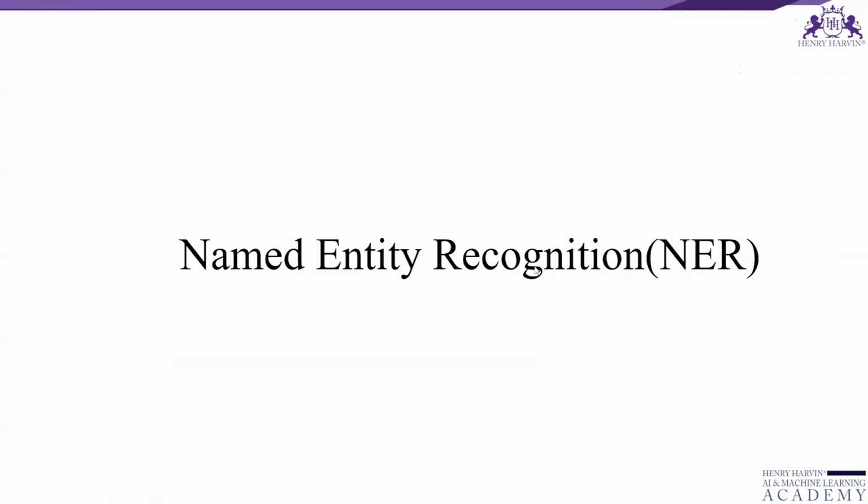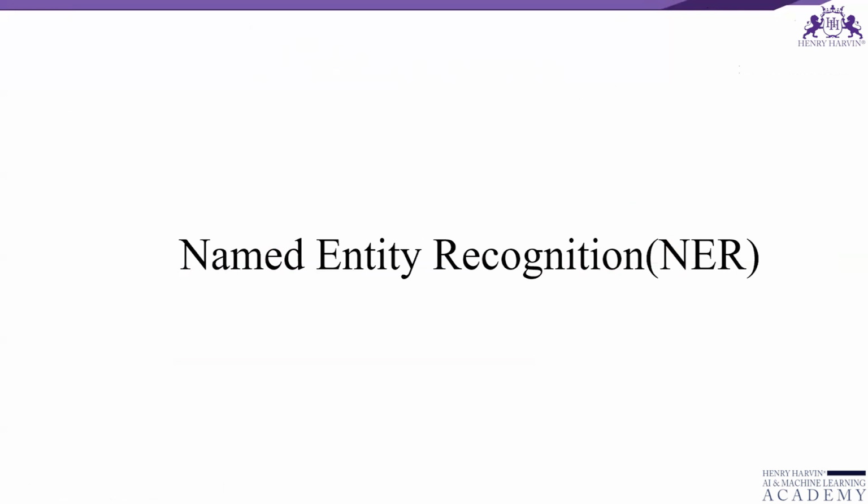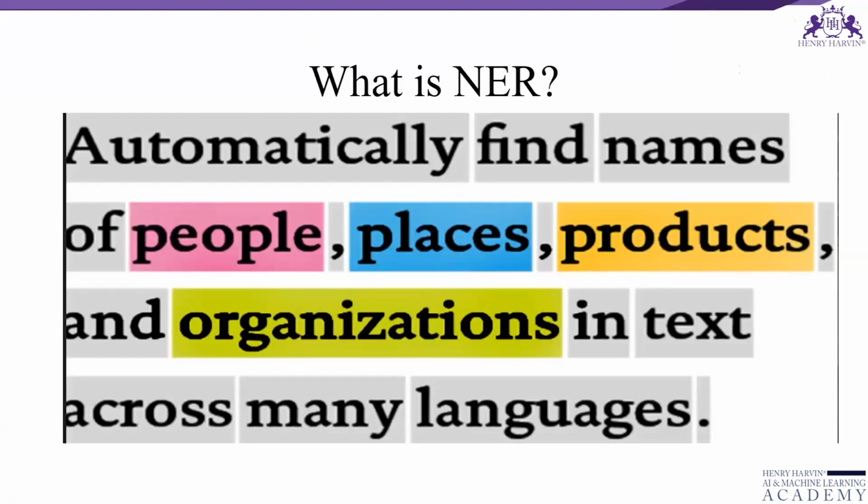Everyone, in this video we are going to discuss a very important concept called named entity recognition, which we generally term as NER. So what is this named entity recognition? Now look at this. It automatically finds names of people, places, products, and organizations in text across many languages.